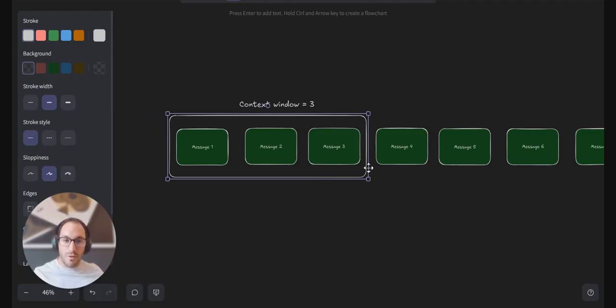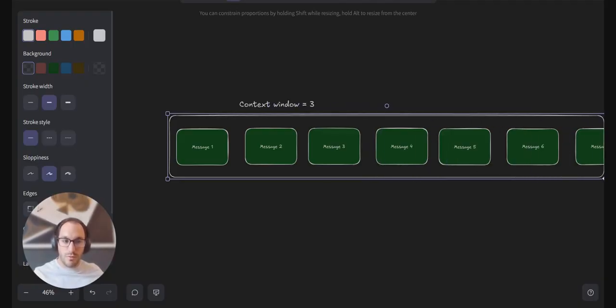With a vector database and with long-term memory, this context window goes on to infinity in theory. So you can extend this context window as long as you'd like it to. Let me show you how this works in practice.